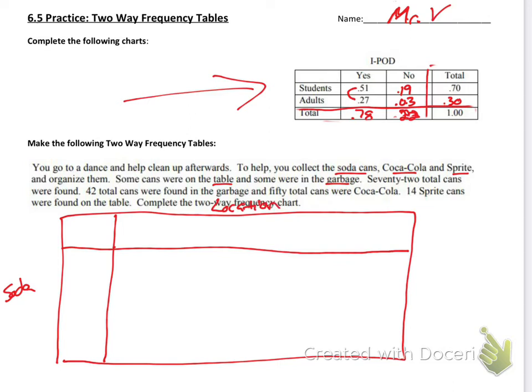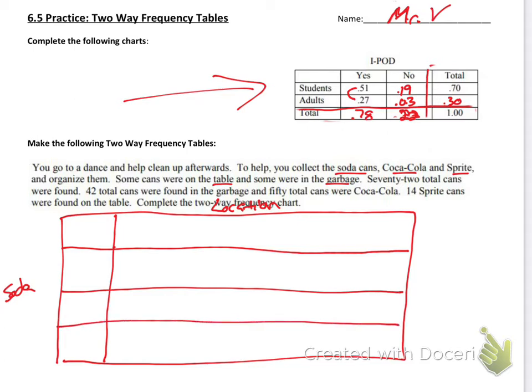For the soda, I know that there are two kinds. This is nothing right here. This is your empty free space, like they say in bingo. But we have Coke, and we have Sprite, and then this last one's going to be our total.